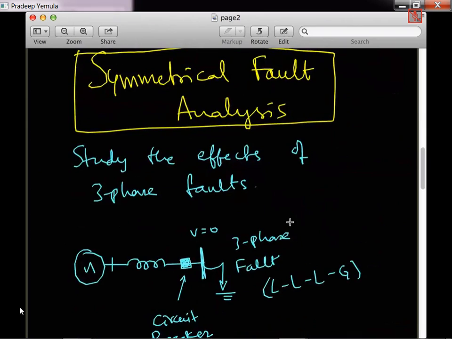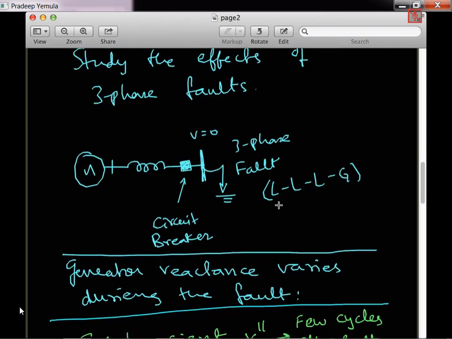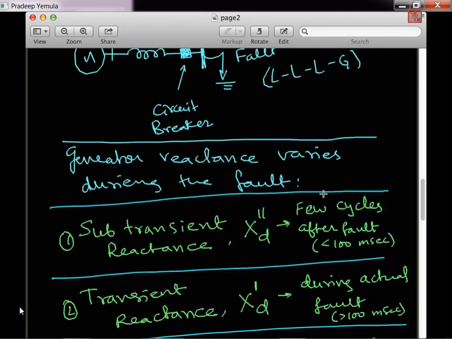Then we started symmetrical fault analysis and studied the effects of three-phase faults. Symmetrical faults are line to line to line to ground faults, or there could be only a line to line to line fault, which also counts as a symmetrical fault. In a symmetrical fault, all three phases carry the fault current and they are equal.